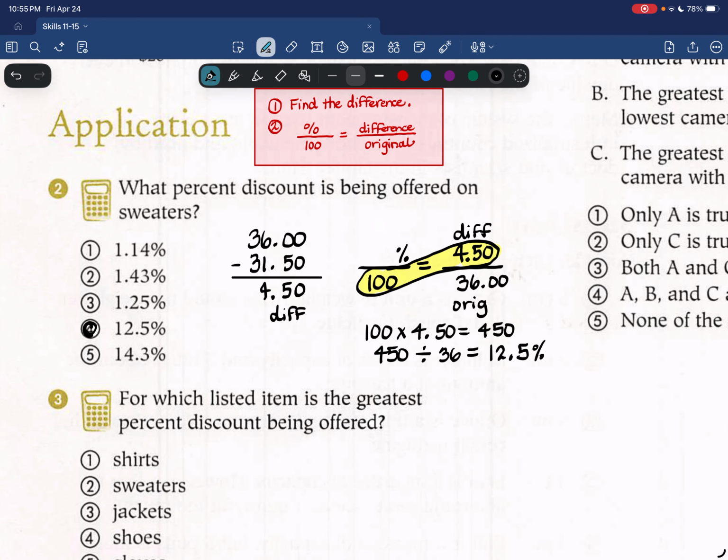So I like number 4. Be very careful that you do not choose number 3. The decimal has to be in the right spot. But you are saving 12.5% on a sweater.